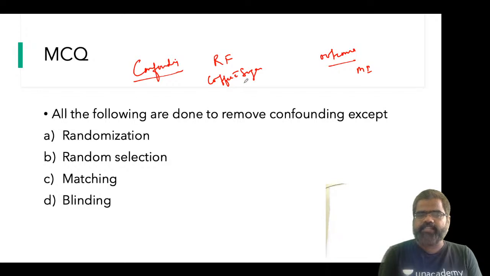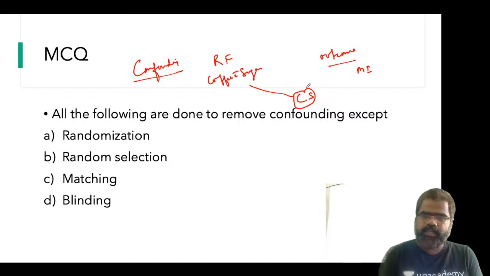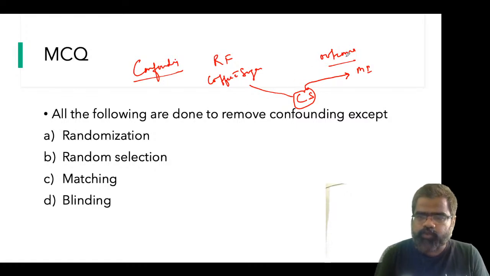If I say excess consumption of coffee with sugar leads to myocardial infarction, I'm making a mistake somewhere, because coffee with sugar is also associated with cigarette smoking. Cigarette smoking is independently associated with coffee and sugar. Cigarette smoking is also associated with myocardial infarction, right? Here it is acting as a confounder. It can independently lead to myocardial infarction.